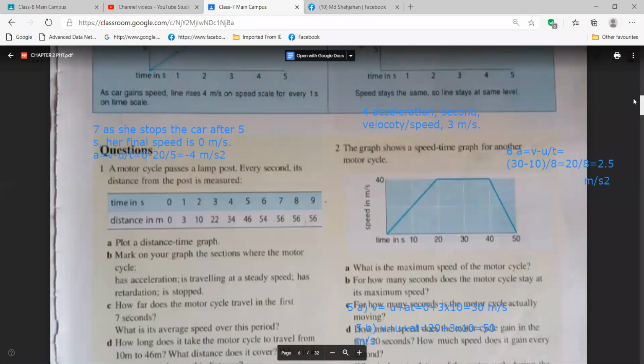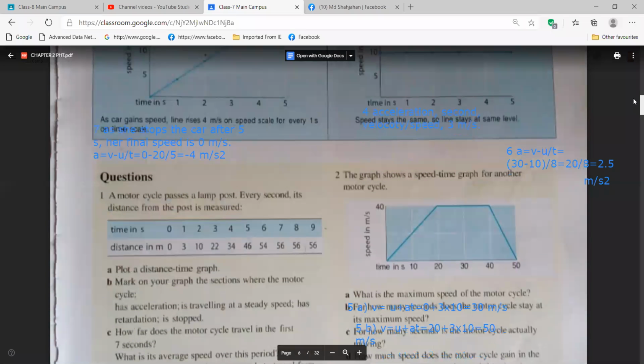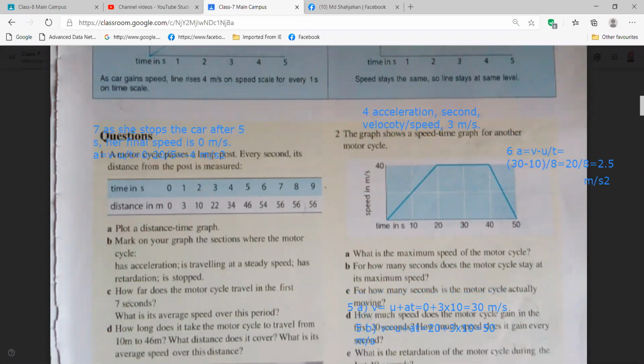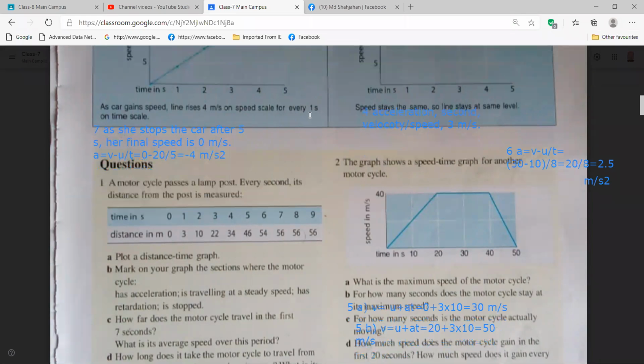When you do it in a test, you will give minus, because in O level, we are doing this way. The way I showed you, you show that way. Because in O level, the answer is made this way, minus 4 meter per second square in retardation or deceleration. Is it clear now?